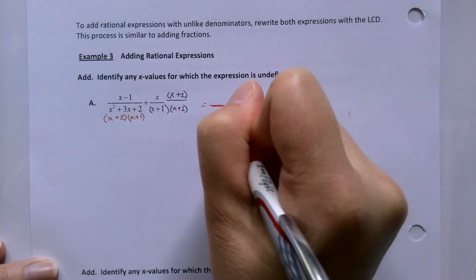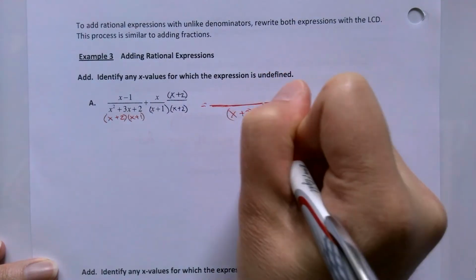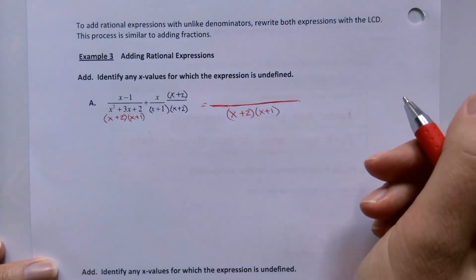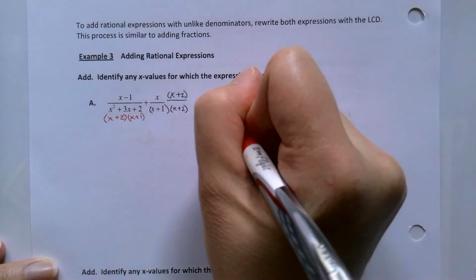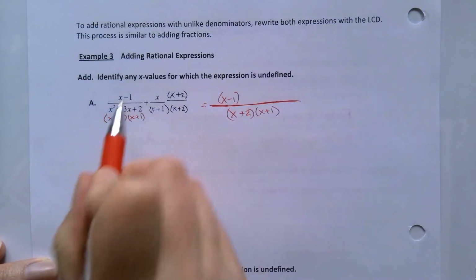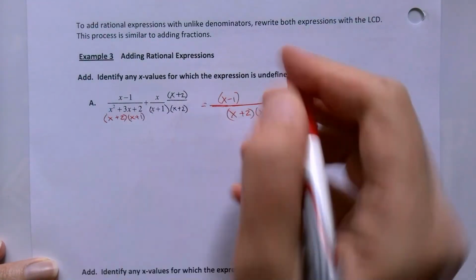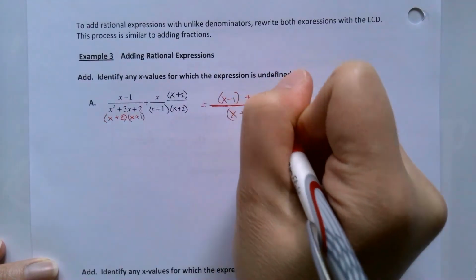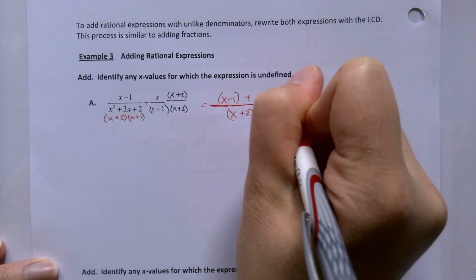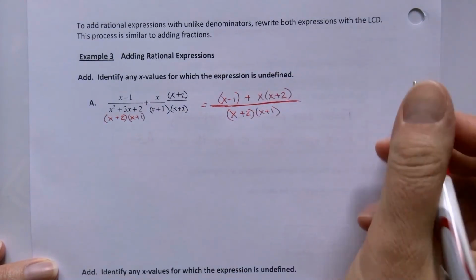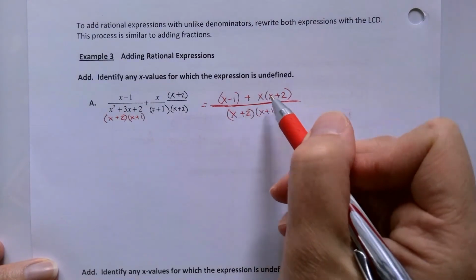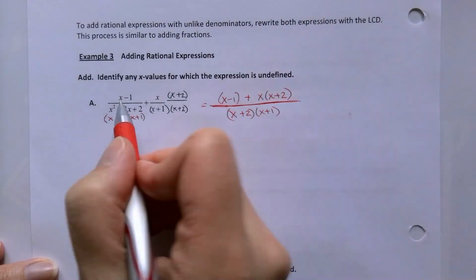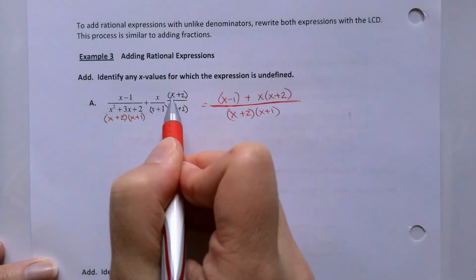Now, as we work through this, you'll be able to do less writing, but for right now, what I want to show you is I'm taking x minus 1 from over here, and I'm adding it to x times x plus 2. The reason I'm showing you this is because I can't add this when I have multiplication. So I'm taking this numerator plus this numerator.